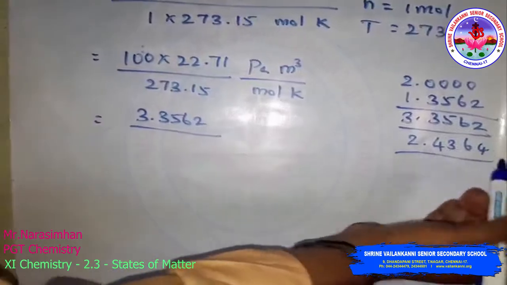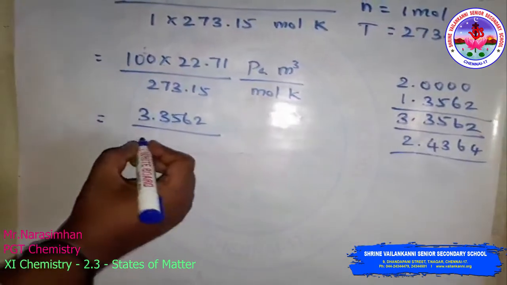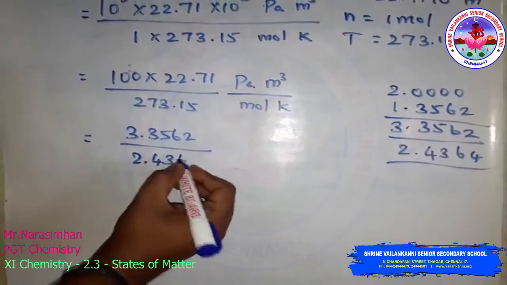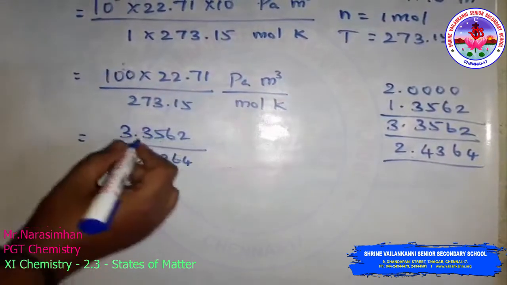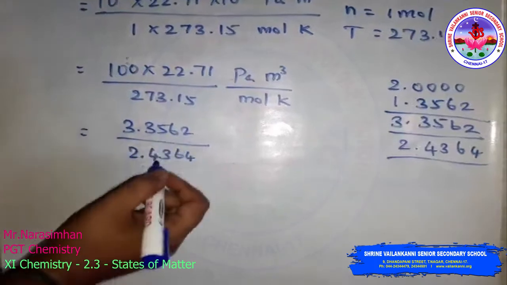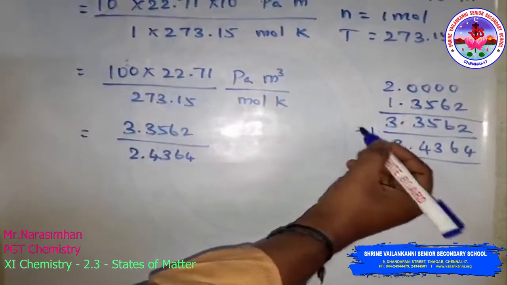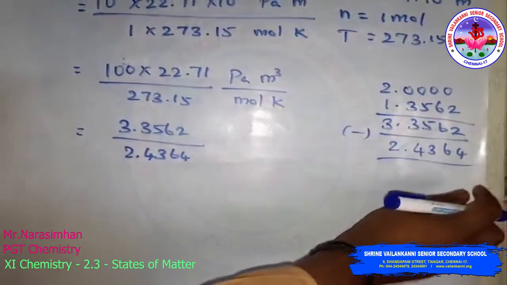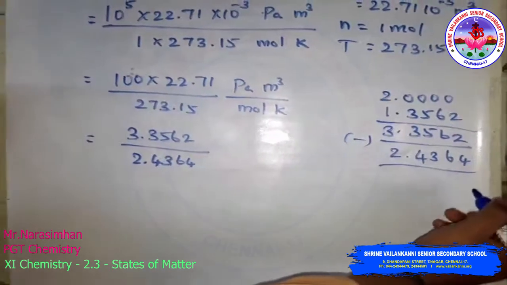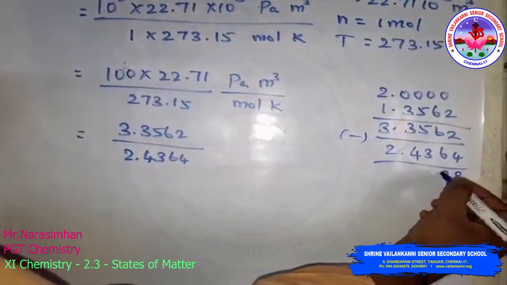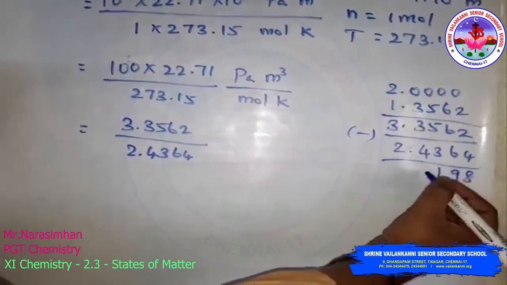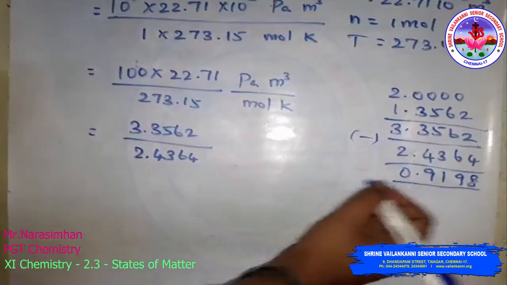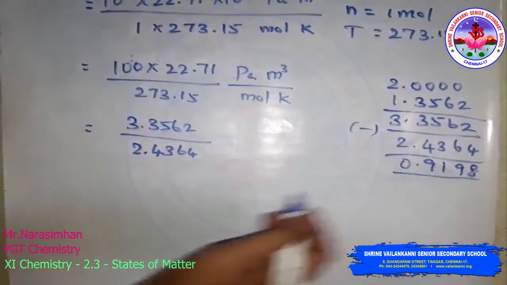So it is 2.4364. Since this is a division, you have to subtract this value from the numerator. Subtracting, you will get 0.9198.